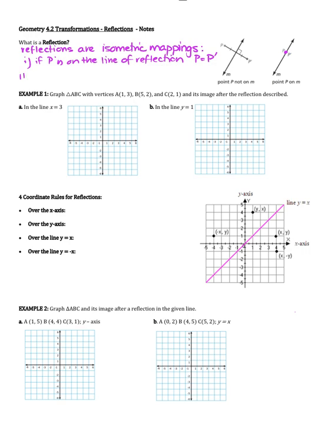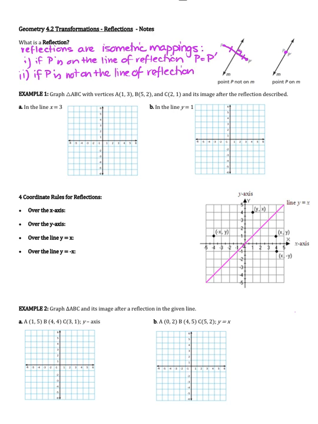If P is not on the line of reflection, then the line that connects P and P prime is going to be equidistant and perpendicular to the line of reflection.